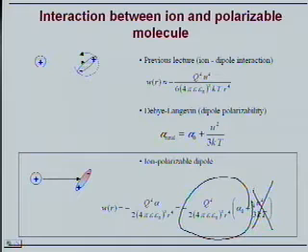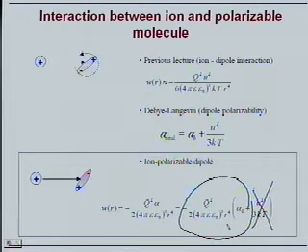You see that you have the charge of the ion here, the polarizability, the inverse fourth power, and all the constants. So this formula immediately gives you how any molecule would interact with an ion. It can be a dipolar molecule, it can be a polarizable molecule. It's a freely rotating molecule.